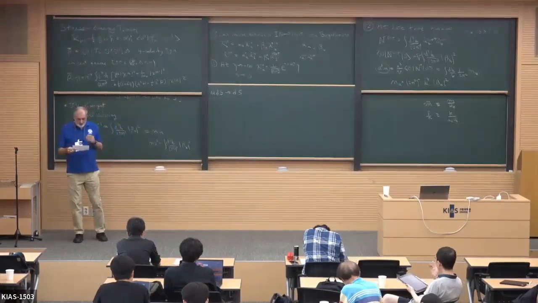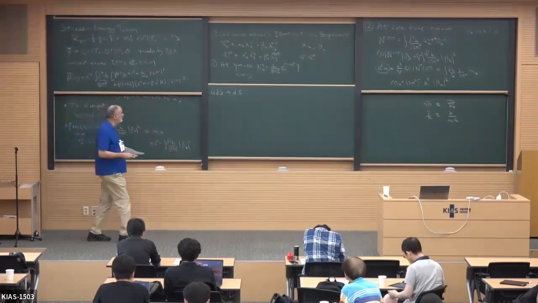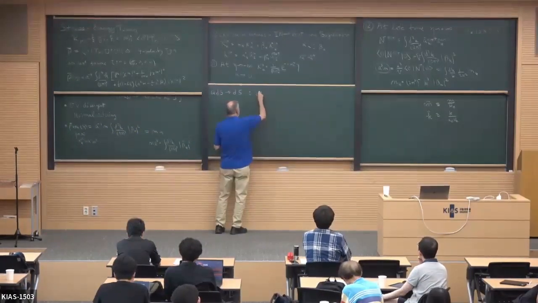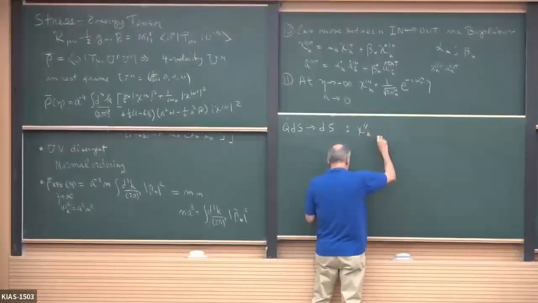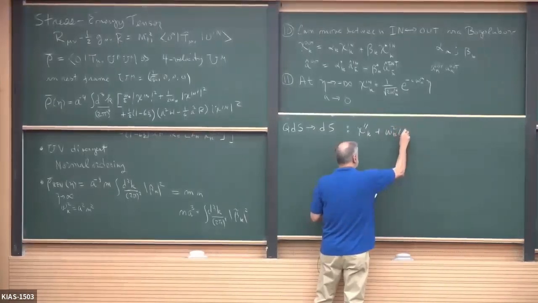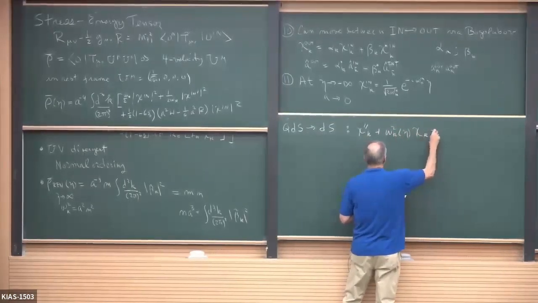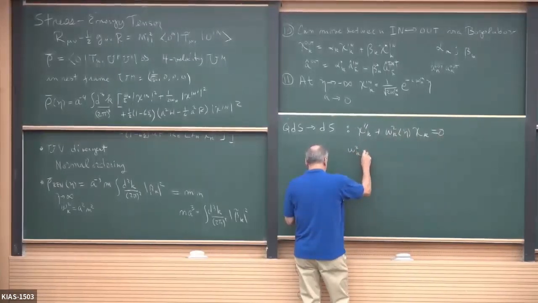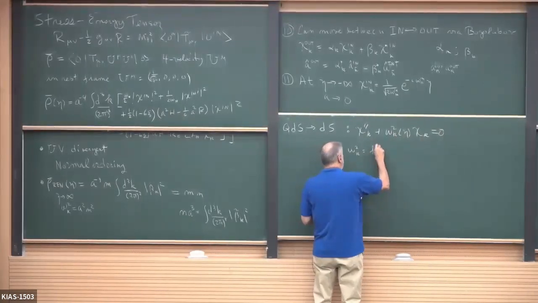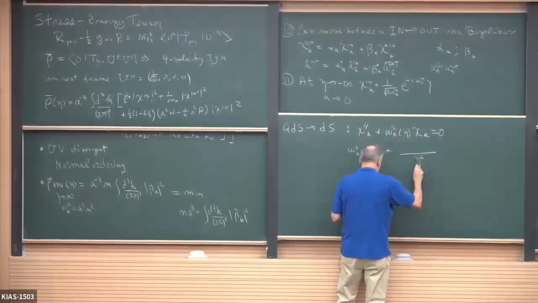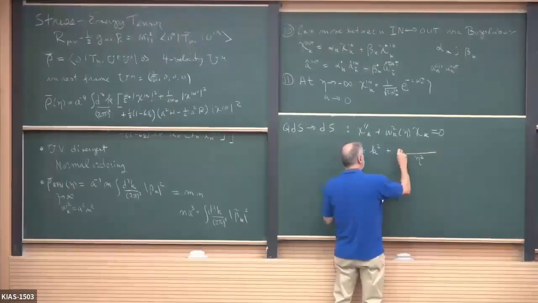Then the early time solution in de Sitter space: we're looking for solutions to chi k double prime plus omega k squared chi k equals 0. And omega k squared in de Sitter space is k squared plus a squared m squared, where a squared is 1 over eta squared.